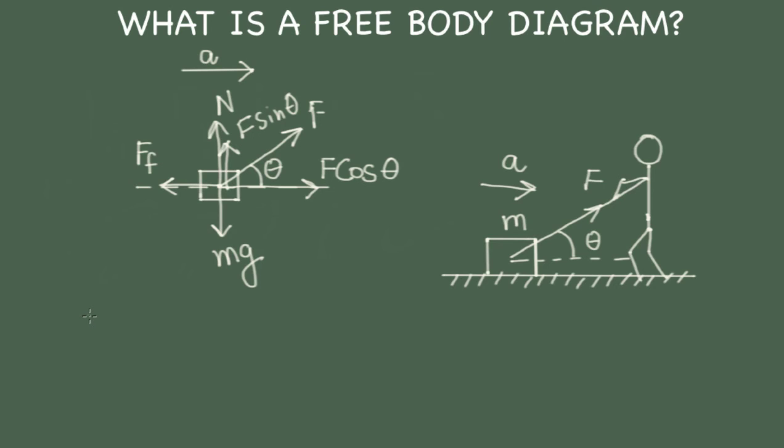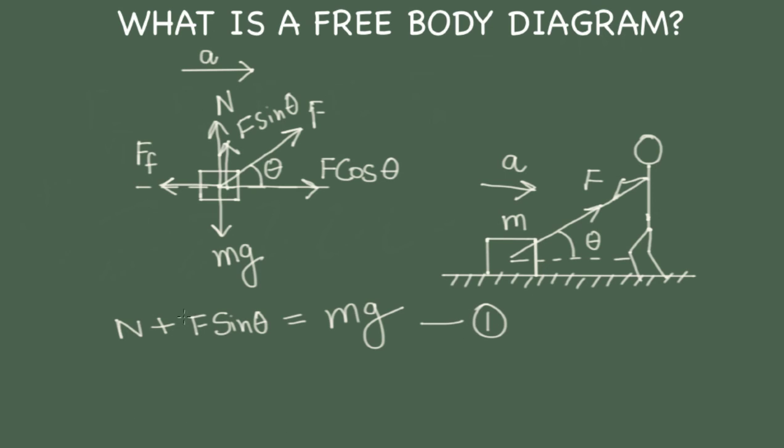So from this logic we can write out the first equation of motion: the normal reaction force plus the vertical component of force F is balanced by the weight of the block. So this is our first equation of motion.